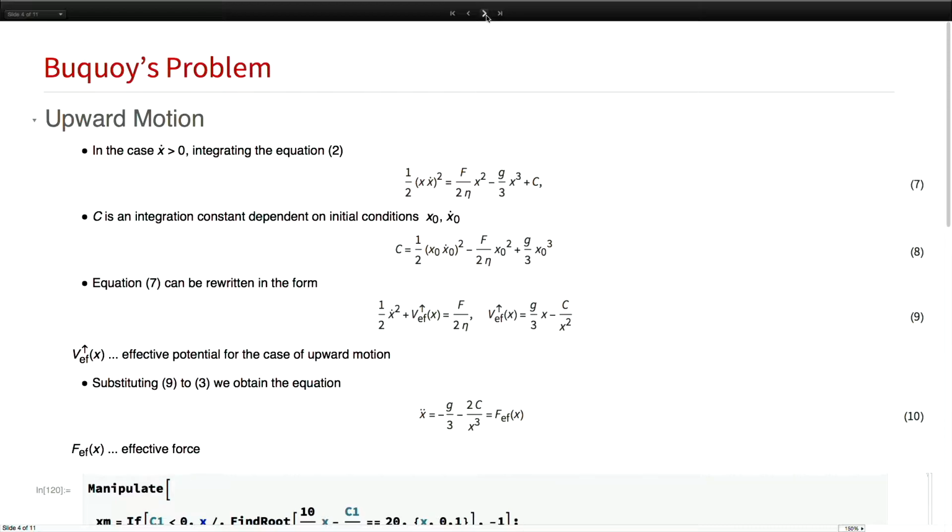When this term, V_eff, is the effective potential for the case of upward motion, this may be formally interpreted as a conservation law of the total mechanical energy, corresponding to the motion of a fictitious particle with unit mass in the force field with effective potential.